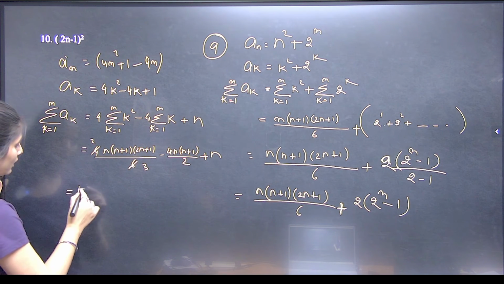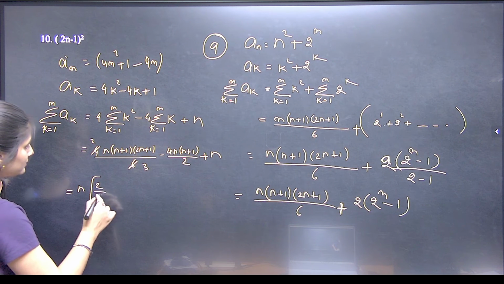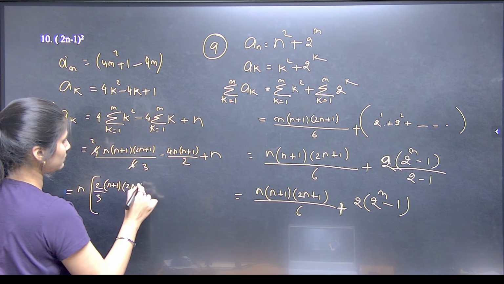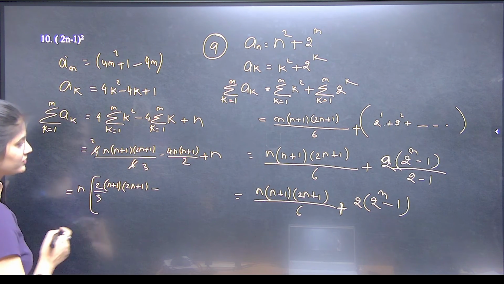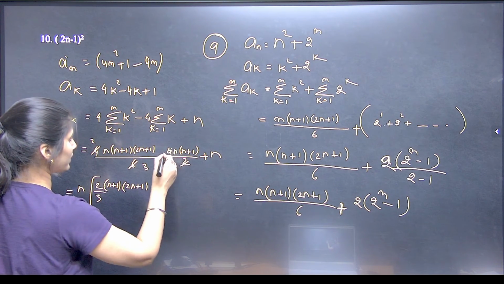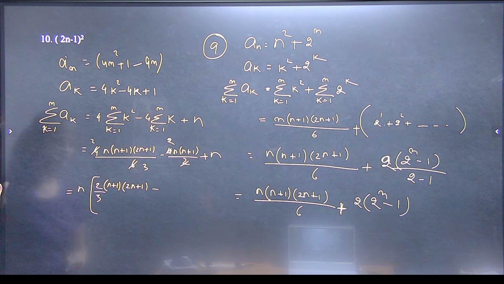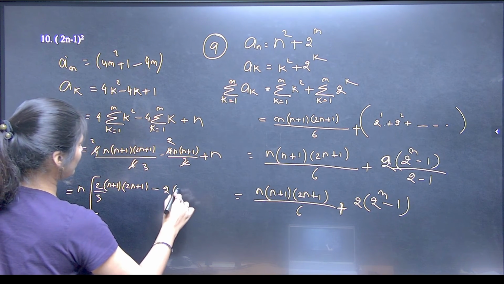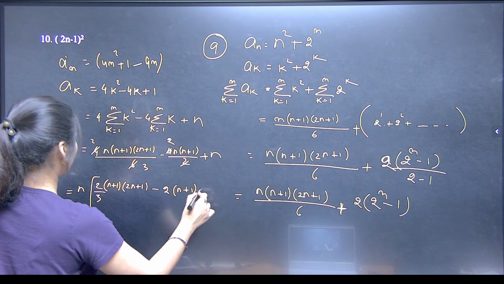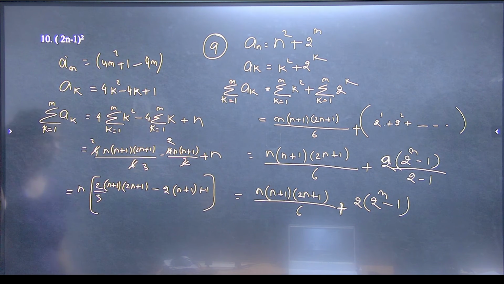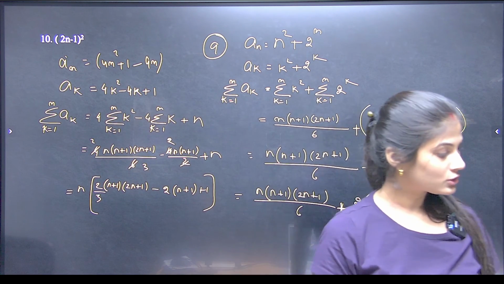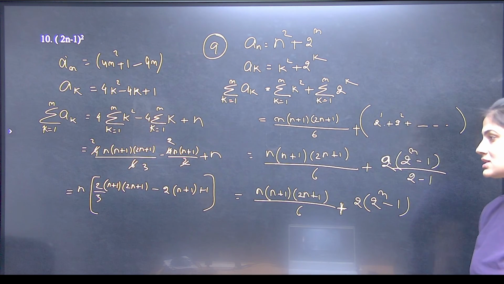Now we can take n common, so we have n[2 by 3 (n plus 1)(2n plus 1) minus 2(n plus 1) plus 1]. That's it. Now on proceeding further, we can solve this and simplify. So it will be n by 3.